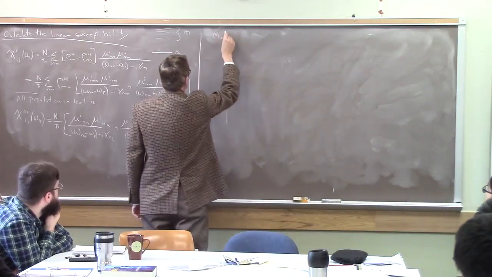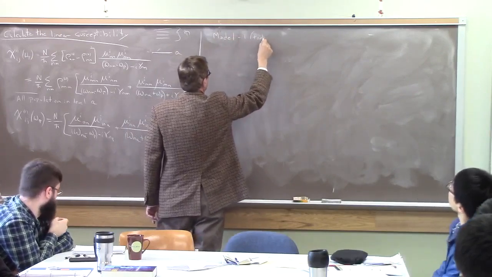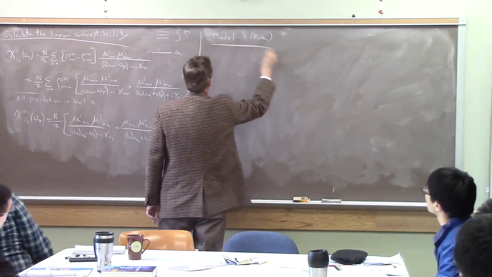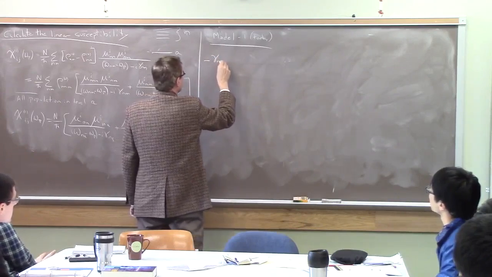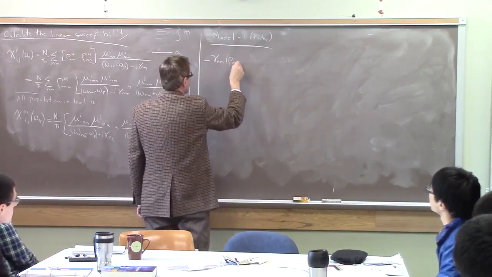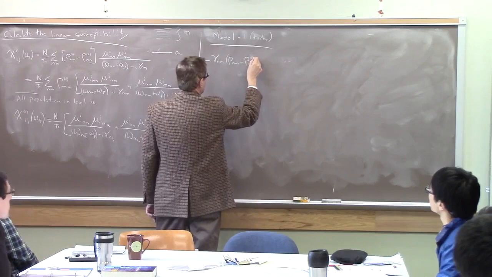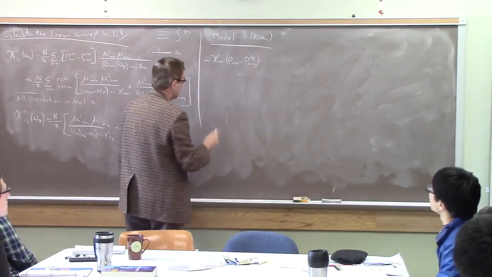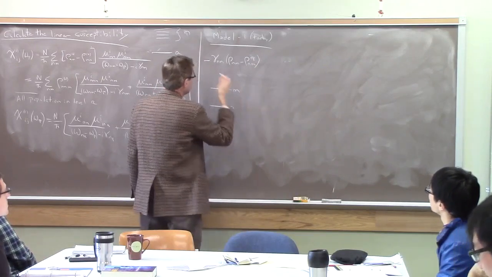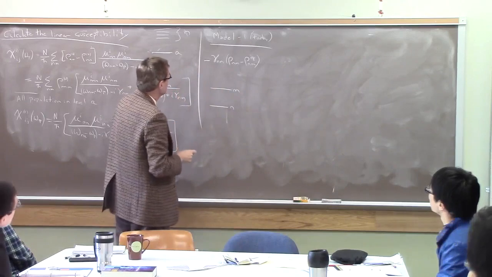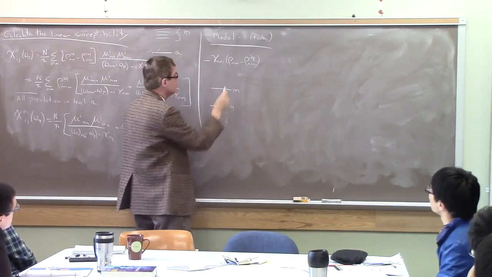Model 1 is the one we just dealt with today, where the relaxation went like gamma nm times rho nm minus rho nm equilibrium. So let's say you have level n and level m, and we have said that each one relaxes independently.